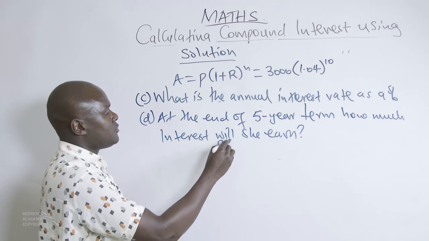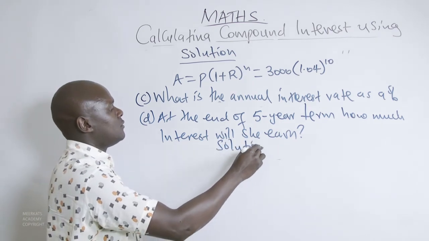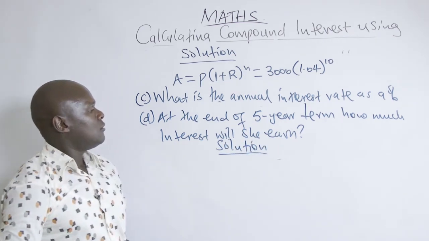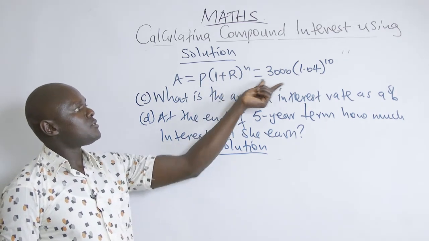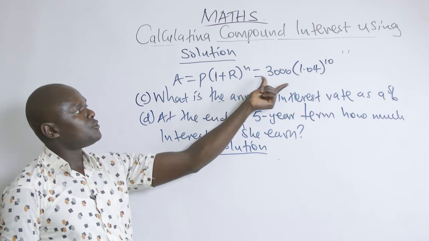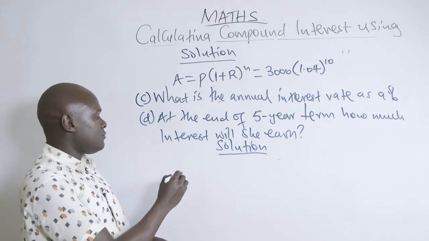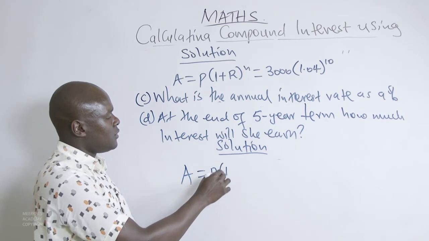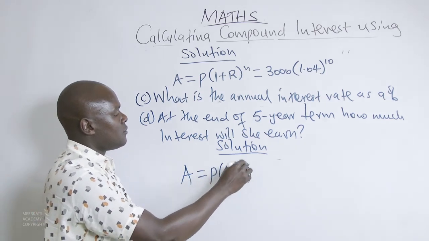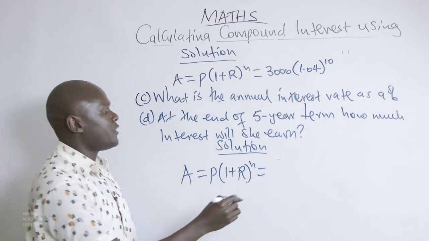This is a simple question. We have looked at the relationship between this, and this means it is just for us to apply the compound interest formula. And this we had already been given.